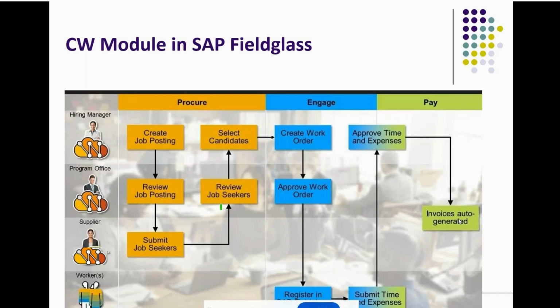Regarding contingent labor, my understanding is it's for temporary labor and contract-based workers, right? So the hiring manager creates a job posting and then reviews. But I just want to know the common thing between service SOW and contingent worker, CW.